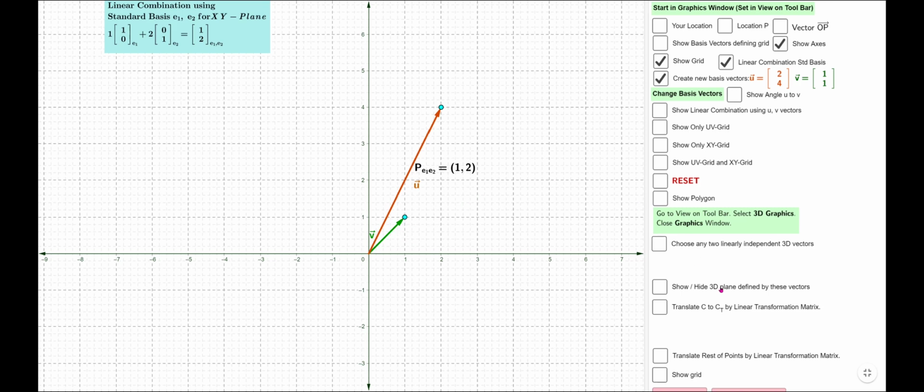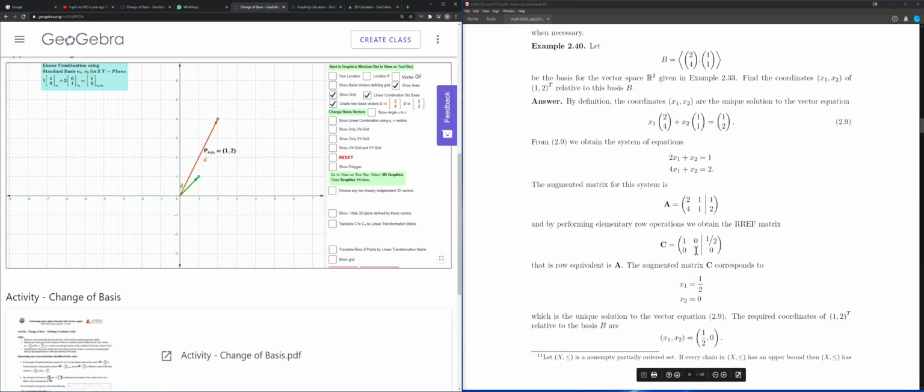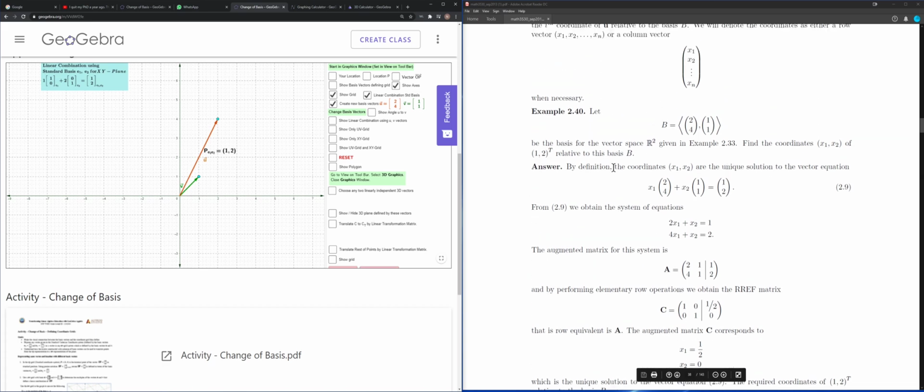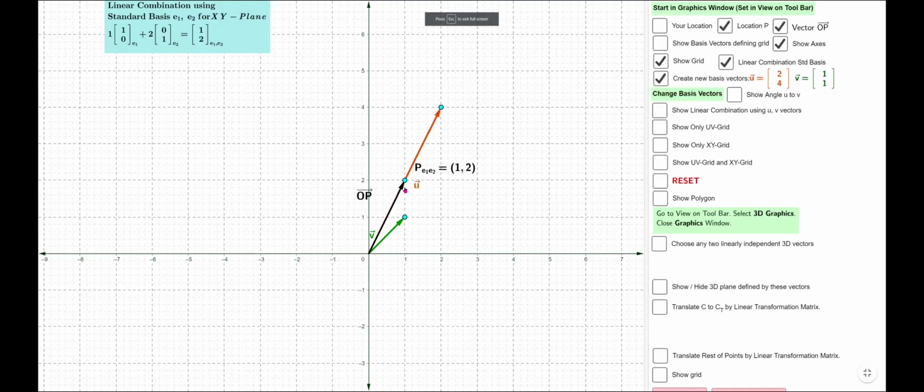What we want to do now is get the coordinates of the vector (1, 2), this column vector here, relative to the basis (2, 4) and (1, 1). Your vector (1, 2) is this vector over here.